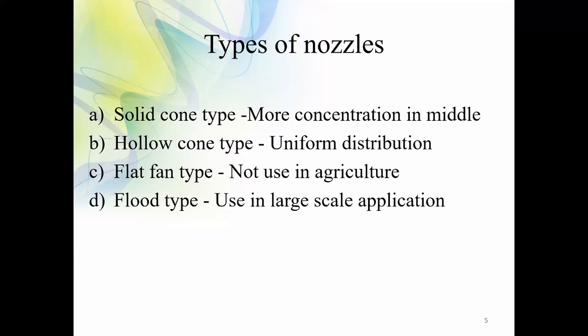That means we are spraying a particular area, but the other liquid particles or droplets are lost by air, or by the movement of air, without being applied to that particular space. Those losses are called spray drift.